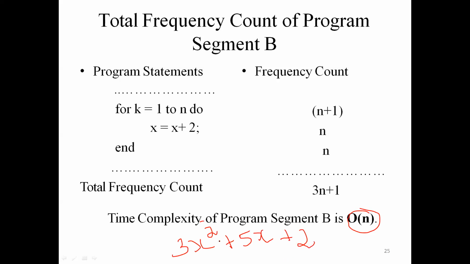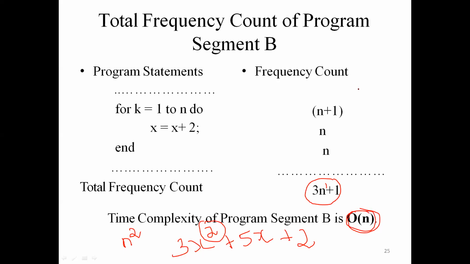So the degree is what? 2. So I can say that this algorithm falls under the category of n square. Got it? See here, 3n plus 1. So the higher degree is n power 1. So that's what I'm telling, order of n.